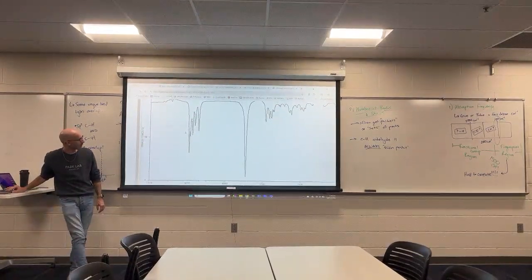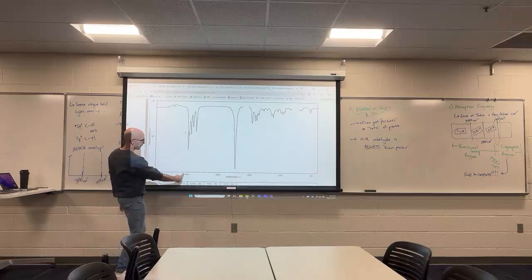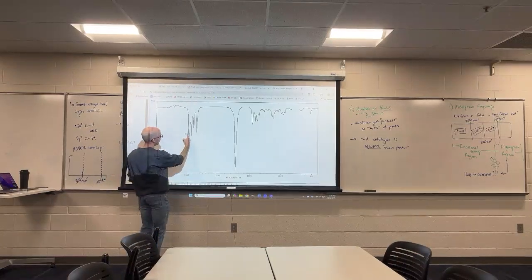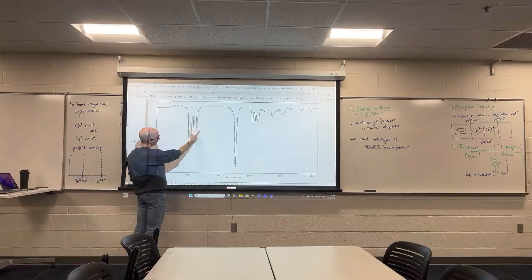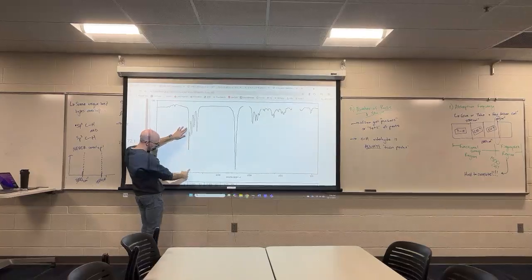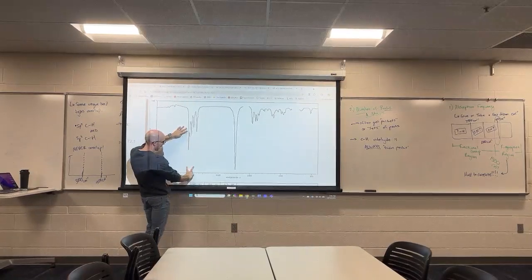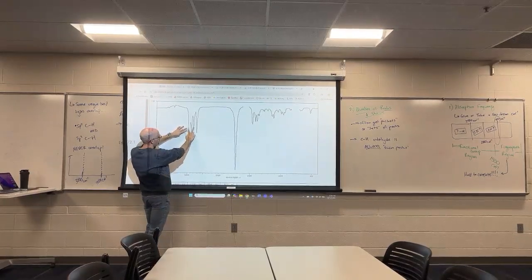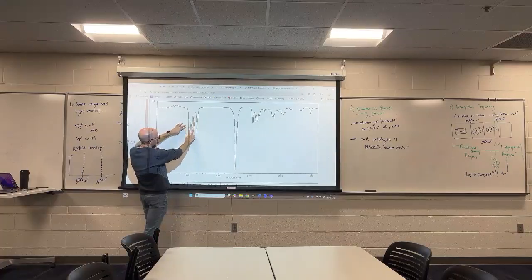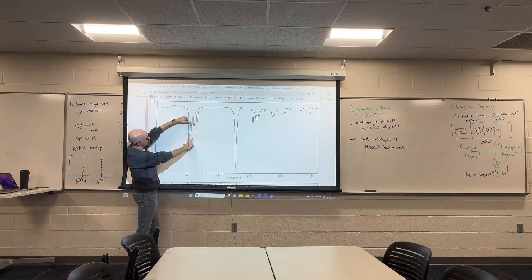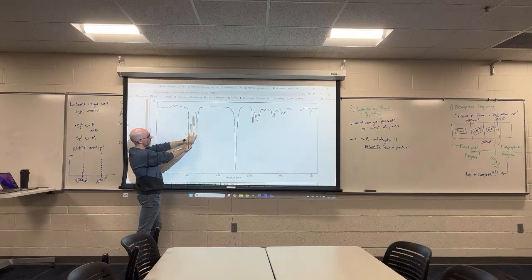So here we go again, where I'm looking at 3000, and I have a lot of peaks to the right. Okay, well, I'm going to cap my search at 2800. And that seems to be right here. These two really fit into the sp3CH the most. These two really don't.